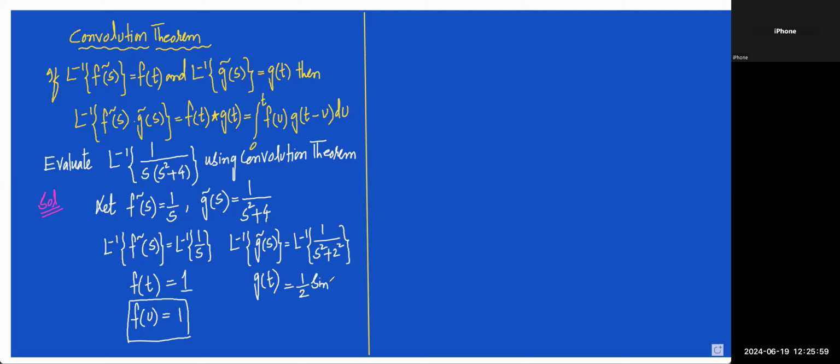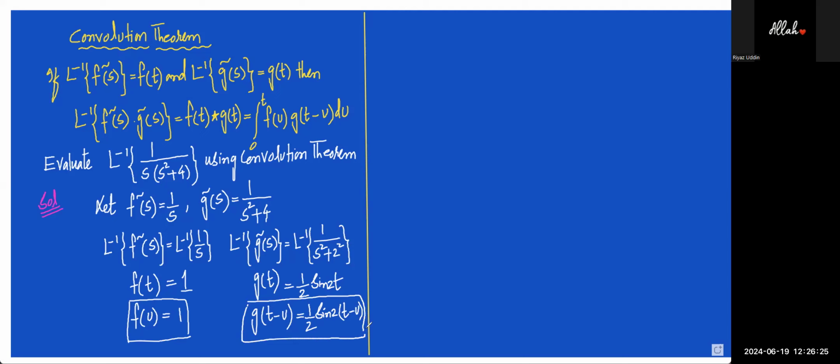Then if you want g of t minus u, 1 by 2 sin 2 as it is, but t is written as t minus u. So g of u and g of t minus u have come. Now we can apply the convolution theorem here.